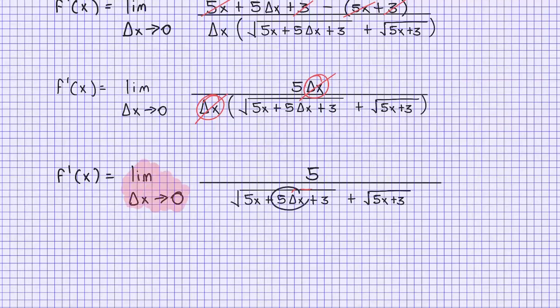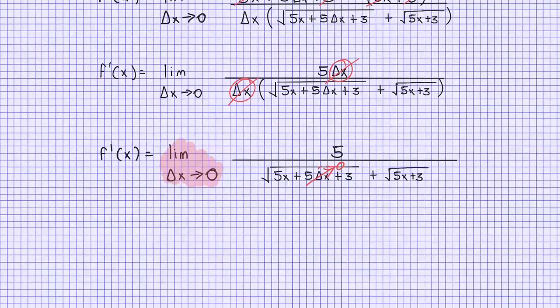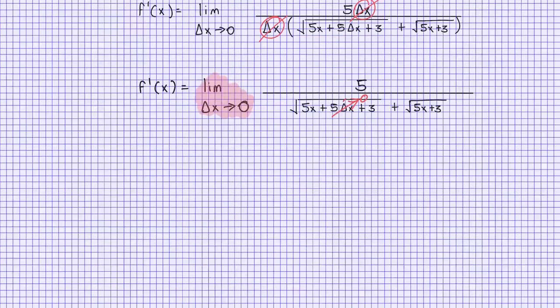You see, this is the only term that has delta x, so this will become 0. And it's now just a matter of doing a little cleaning. So the slope will be 5 over whatever we have left in the denominator, which is exactly the same square root.